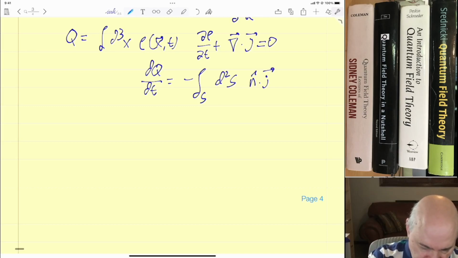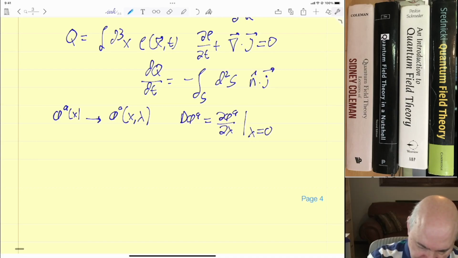So for fields, our symmetry goes like this. We take a field and we transform it. And again, we define d phi_A as the partial of phi_A with respect to lambda, evaluated at lambda equals 0.